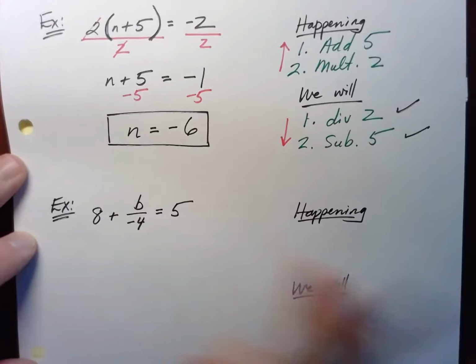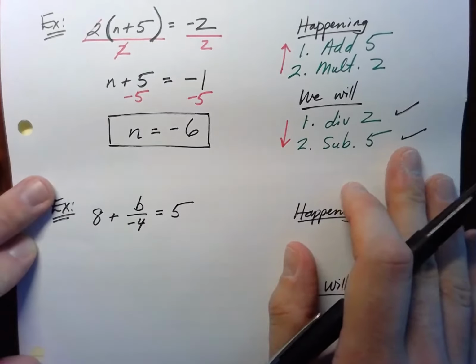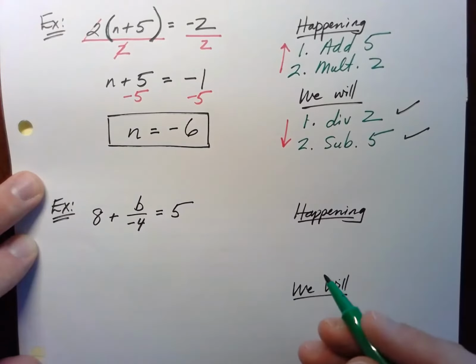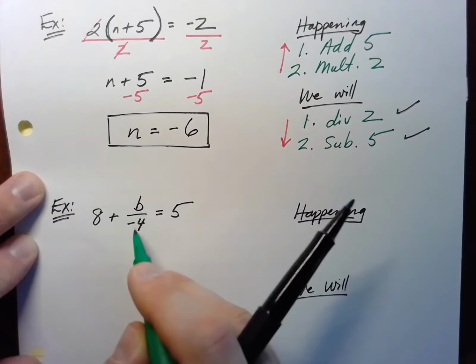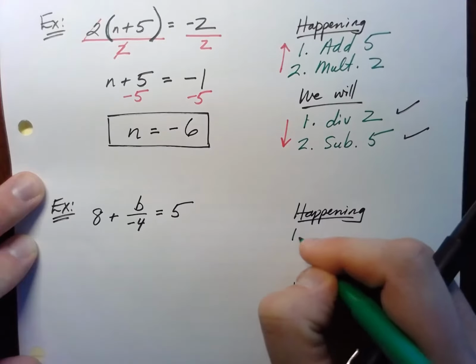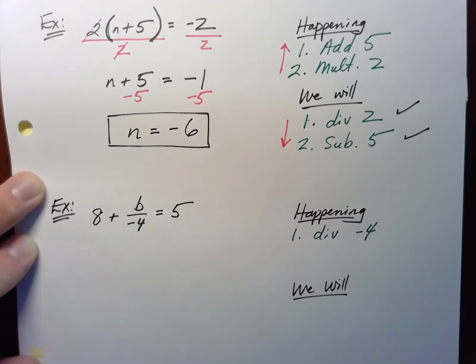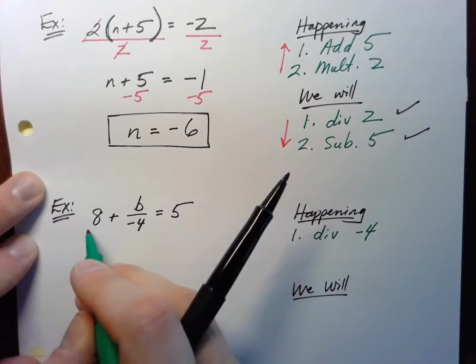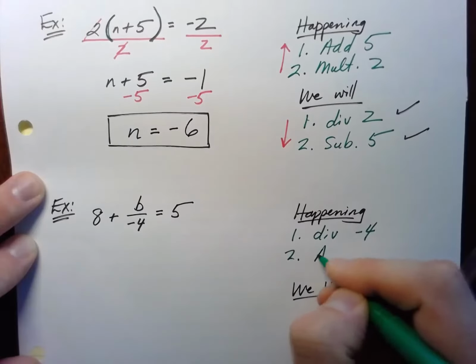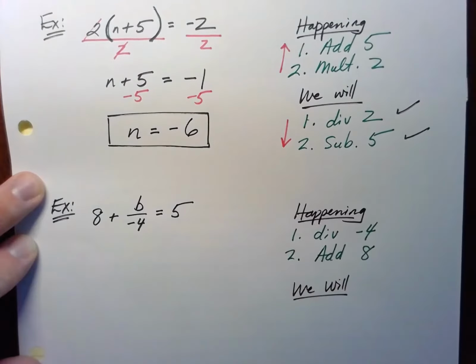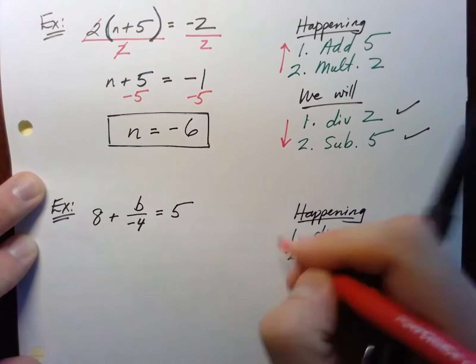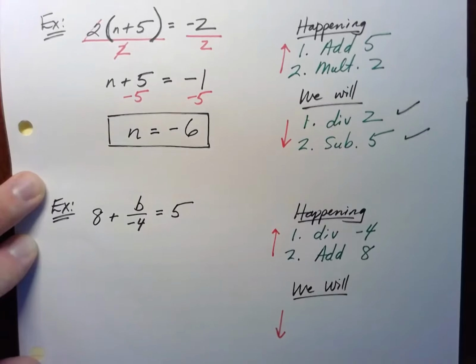So the first thing that's happening here is b is being divided by negative 4. And then after that happens, then we're adding 8. So again, we're going to reverse these steps.